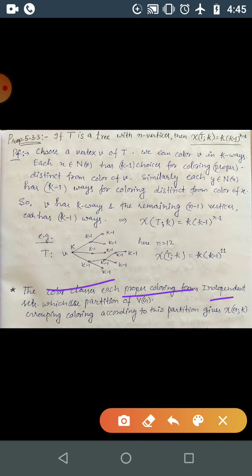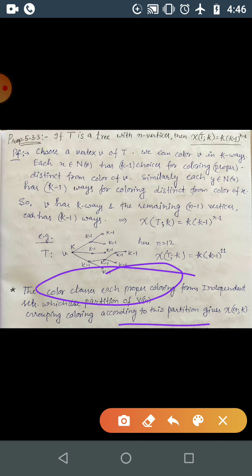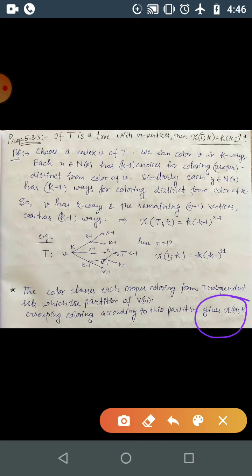And these are the partitions of Vg, okay? And grouping these colorings on each color class according to this partition gives you the chromatic polynomial. This will be the chromatic polynomial for G, okay?